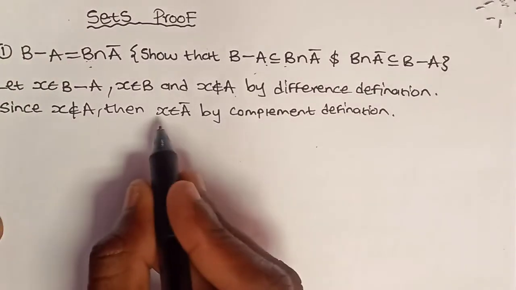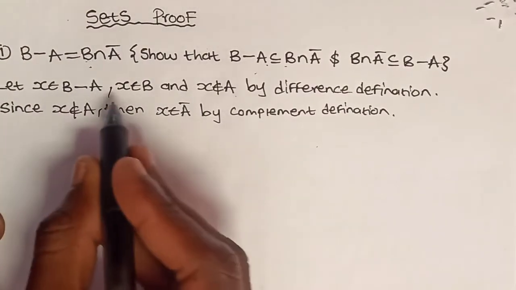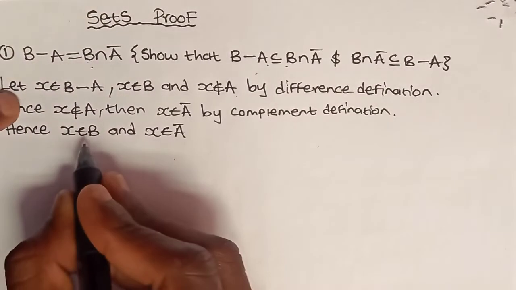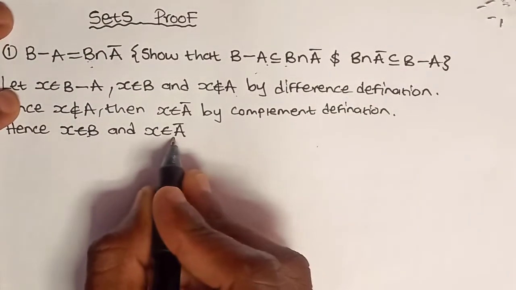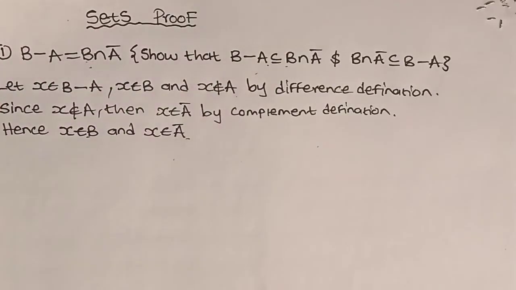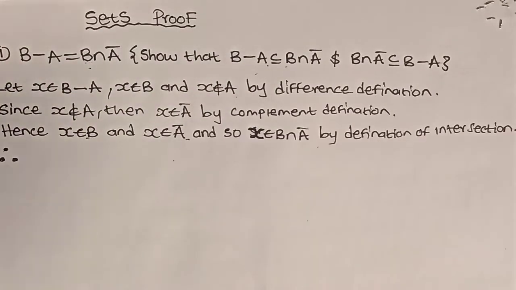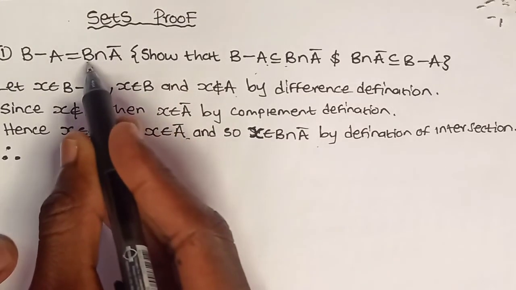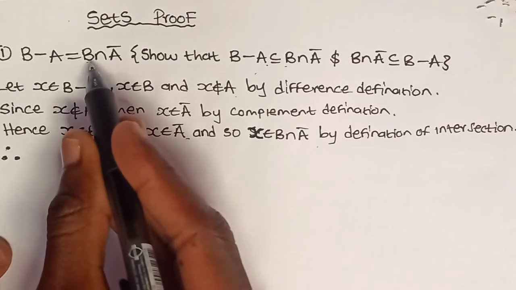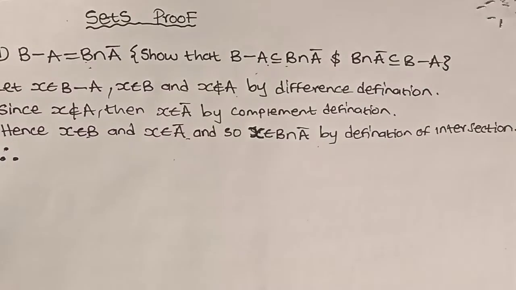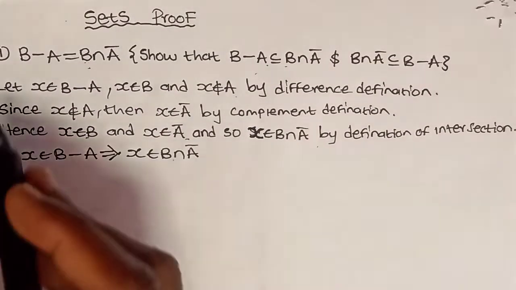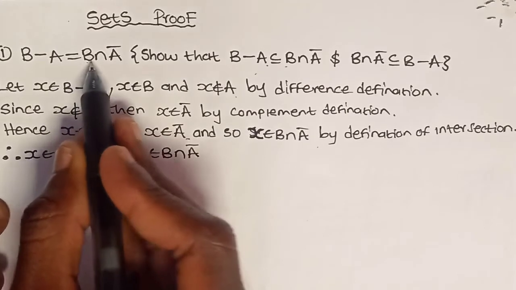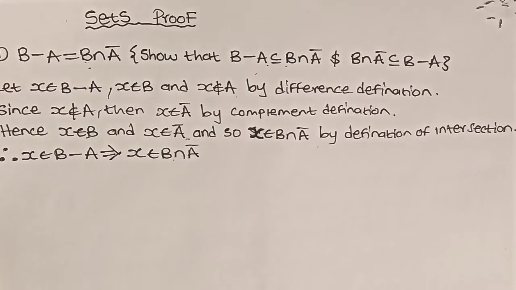Hence X is in A complement and X is in B. And so X is in B intersect A complement by intersection definition. Therefore, X an element of B minus A implies X an element of B intersect A complement, which means B minus A is indeed a subset of B intersect A complement.